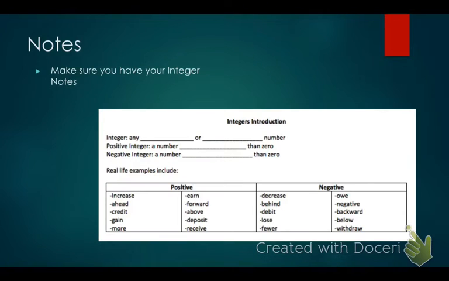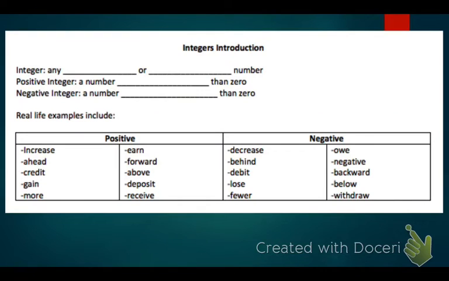All right, make sure that you have your notes. They look like this, and here we go. An integer. What is an integer? An integer is any positive or negative number.